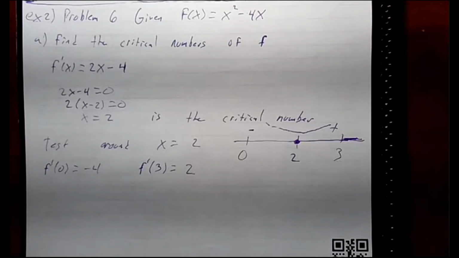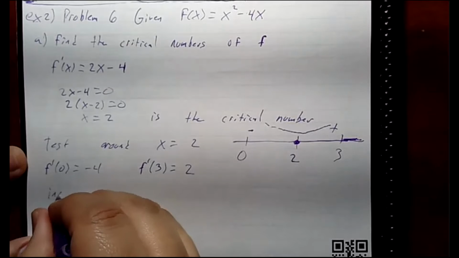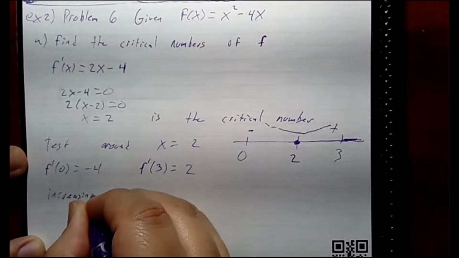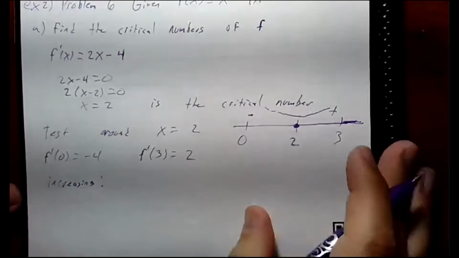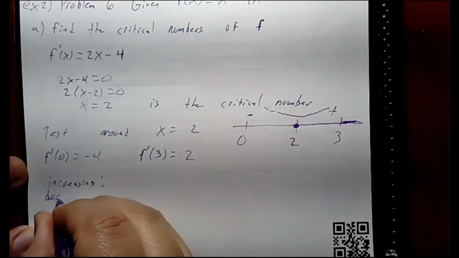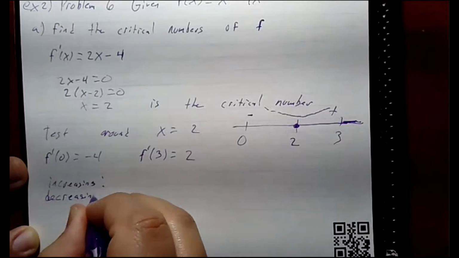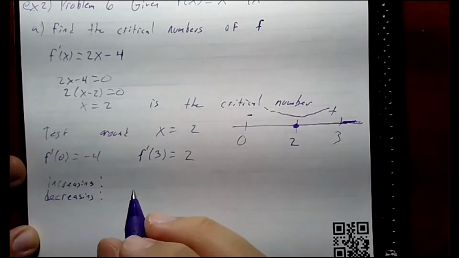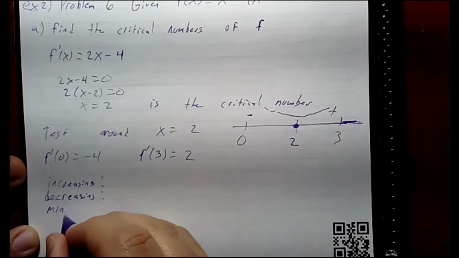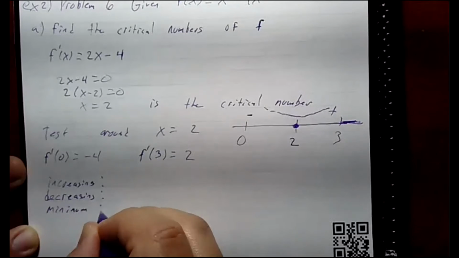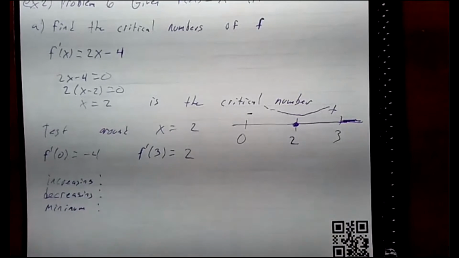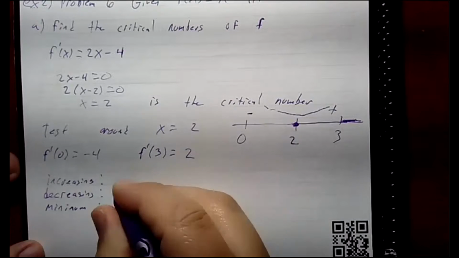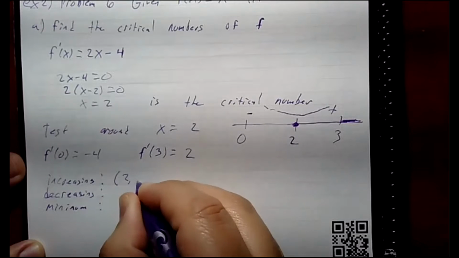Okay. So we can answer all kinds of questions, right? Where are we increasing from? What is the interval? Where are we decreasing? For increasing, it should be parentheses 2, comma, positive infinity.